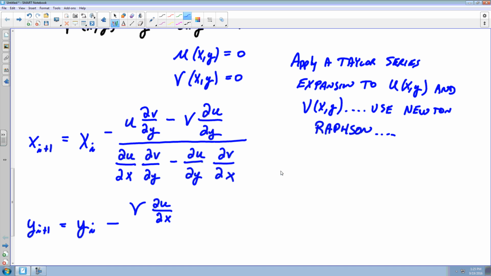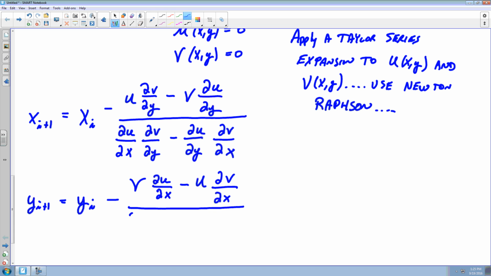So it's partial u with respect to x times v, minus u times partial v with respect to x. But the bottom is the same on both of them. It's partial u with respect to x times partial v with respect to y, minus partial u with respect to y times partial v with respect to x.